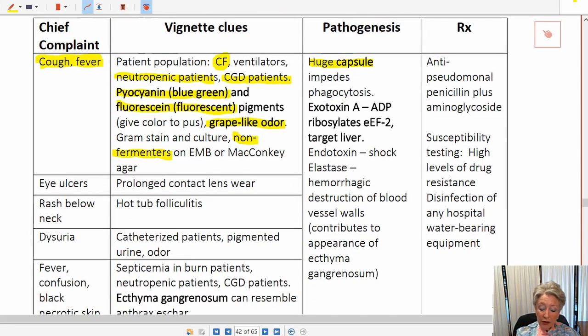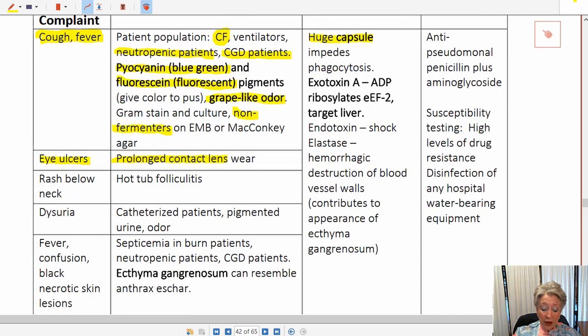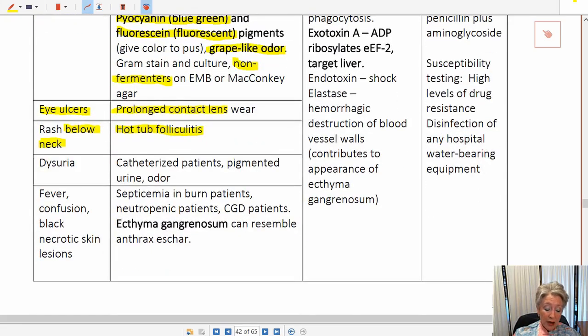Okay, now as far as the eye ulcers are concerned, these would be associated with persons who poorly maintain and extend the wear time of contact lenses. If it results in hot tub folliculitis, remember that the rash and lesions are going to be below the neck, because most people don't sit in a hot tub totally submerged.